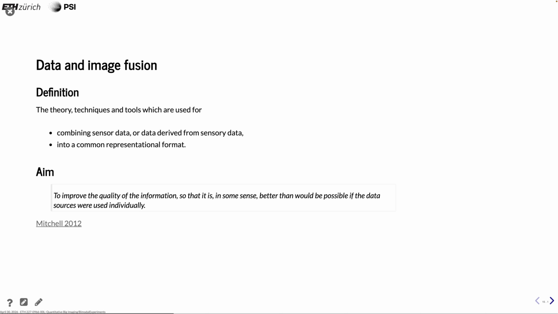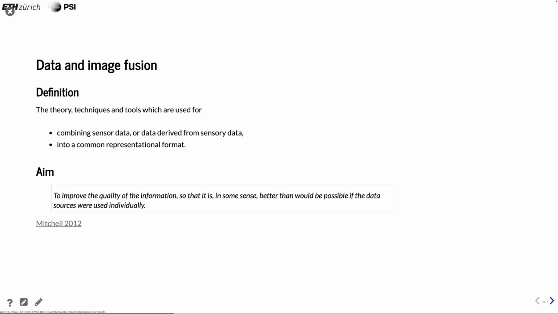Now we know that we want to combine different modalities, but what is the combining? What is actually the purpose of it? Here we come to the terms data and image fusion.